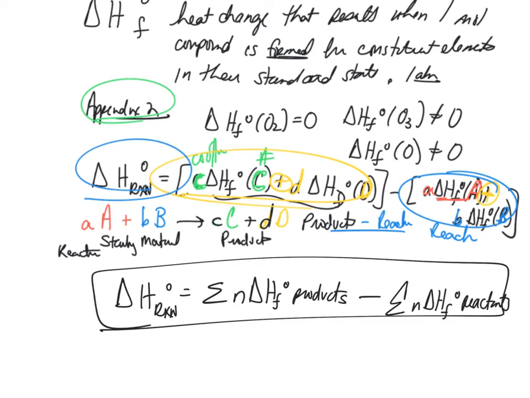So let's look at how to do that. The other one's asked for the delta H. Let's do 5.63. Okay, so let's apply this standard enthalpies of formation equation.